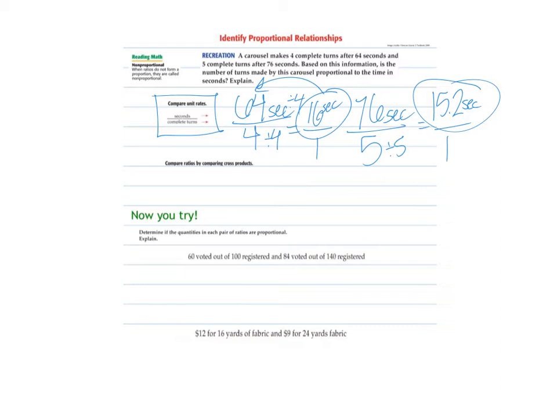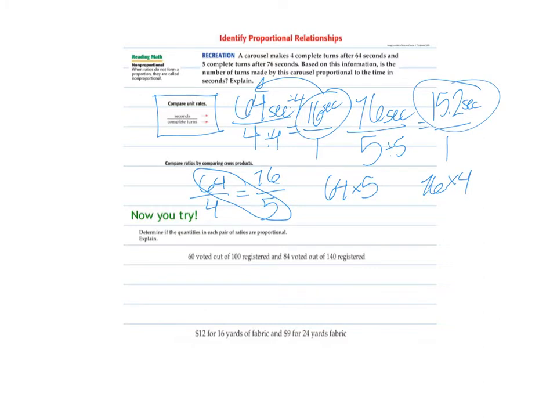Now if we did the same thing but tried it using cross products, it might save us some time. So I can do 64 over 4, and we don't know if it's equal to, but we're going to set it up like this, 76 over 5. What you're going to do is multiply 64 and 5, and we're going to see if it's equal to 76 times 4.